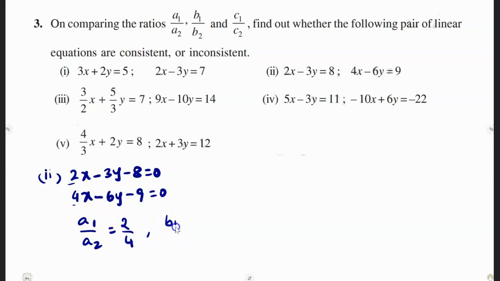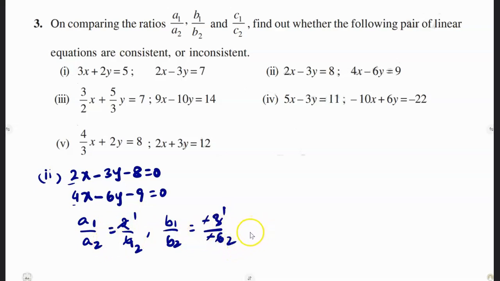And b1 by b2, the coefficients of y, is minus 3 by minus 6, which is 1 by 2. So a1 by a2 and b1 by b2 are both equal to 1 by 2.